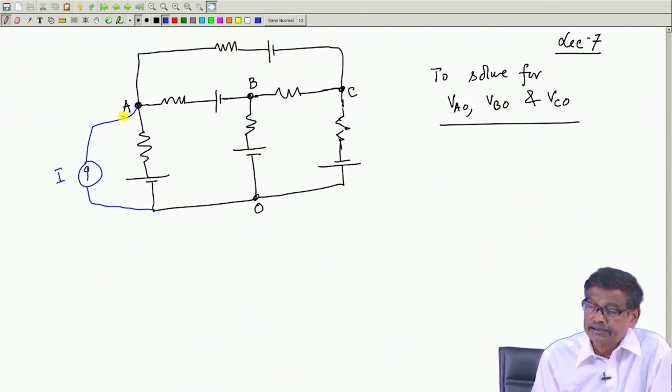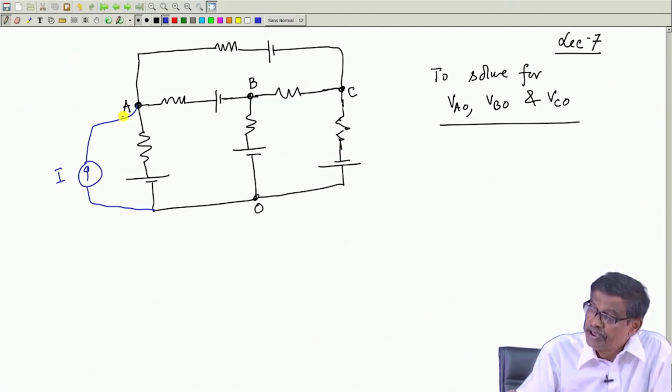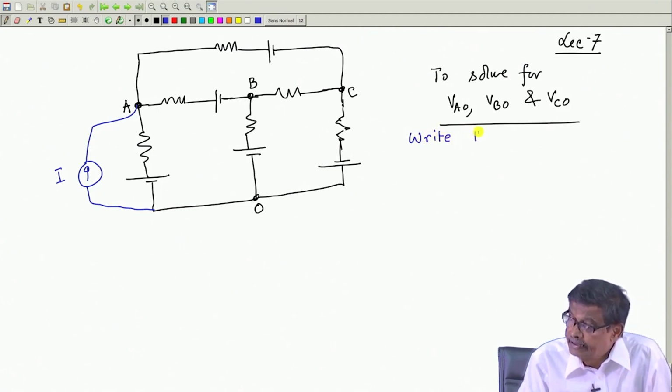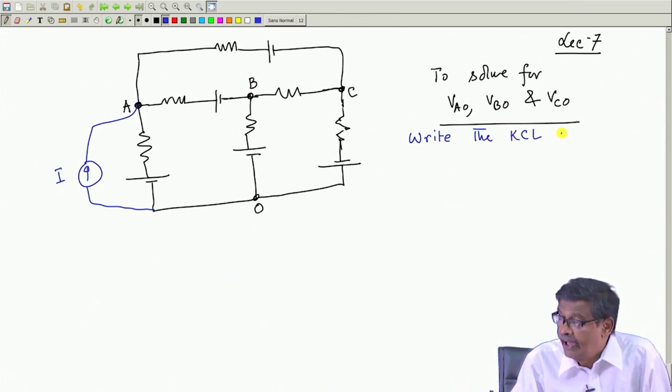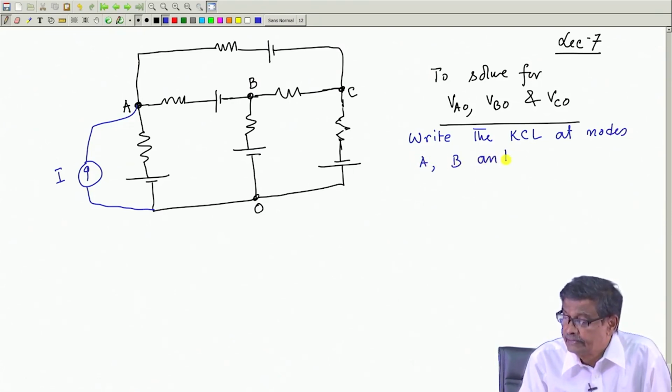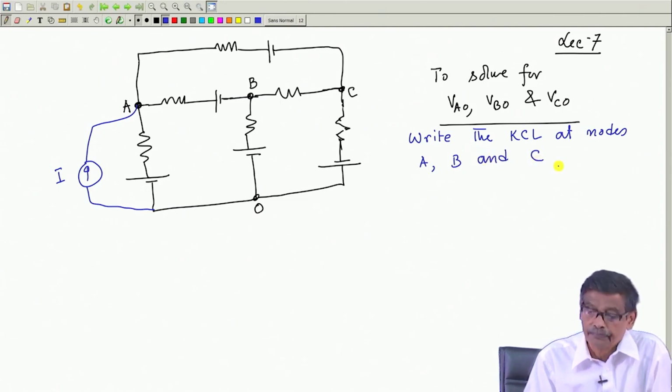What is done is this: to solve for VAO, VBO, VCO, write the KCL at nodes A, B and C. That is what you have to do.